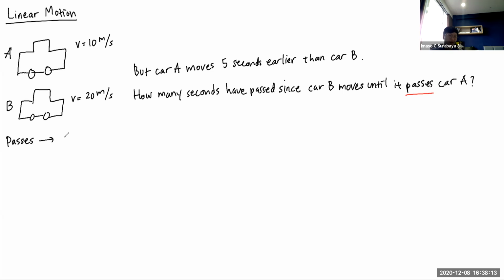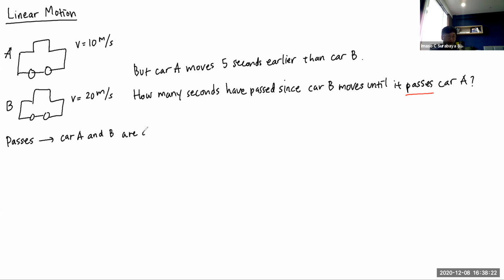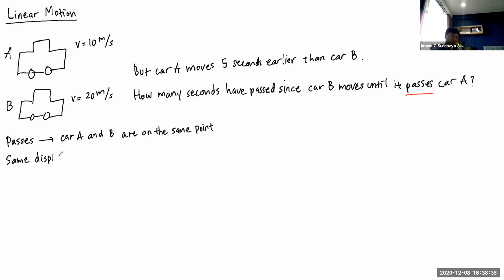Passes means they are both at the same point, right? If they are on the same point, then they have the same distance from the starting point, or displacement. We should say displacement. Same displacement from the starting point.